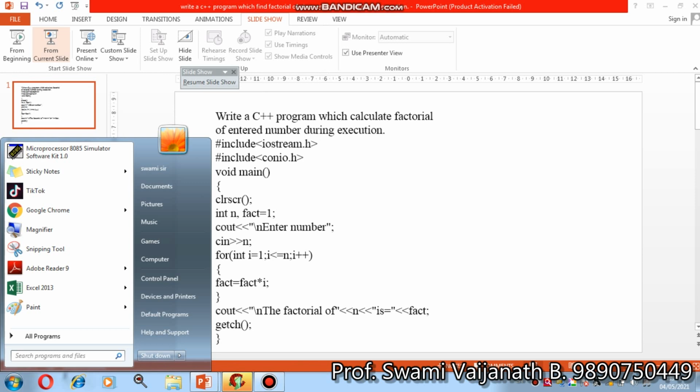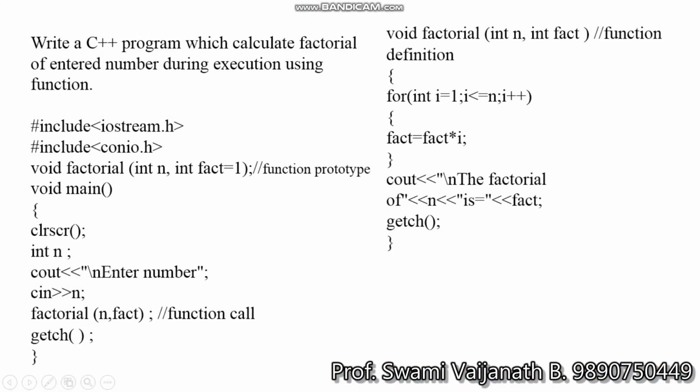By discussing this program, in the next unit we go to factorial, the same thing, by using a function. Write a C++ program which calculates factorial of an integer number during execution using a function. Whenever such a program is asked, keep in mind three terms of function: function prototype, function call, and function definition.